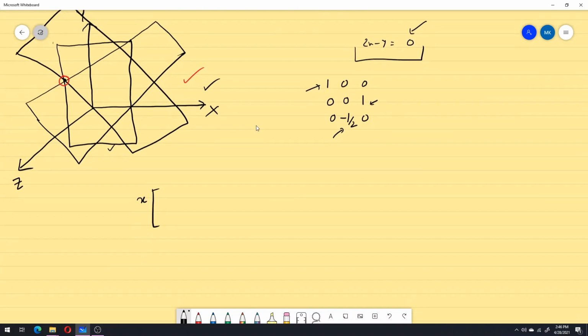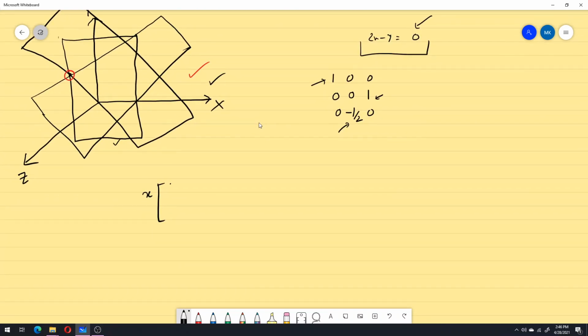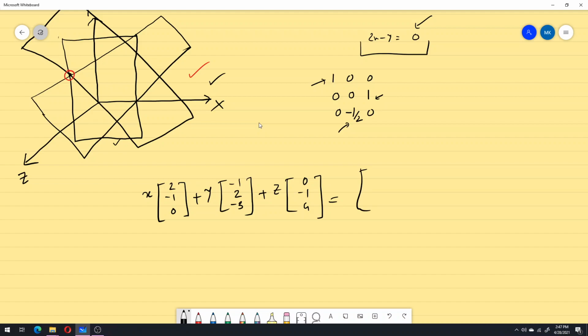Okay, so x into 2, negative 1, 0, plus y into negative 1, 2, minus 3, plus z into 0, negative 1, and 4. And the solution B is basically 0, minus 1, 4.